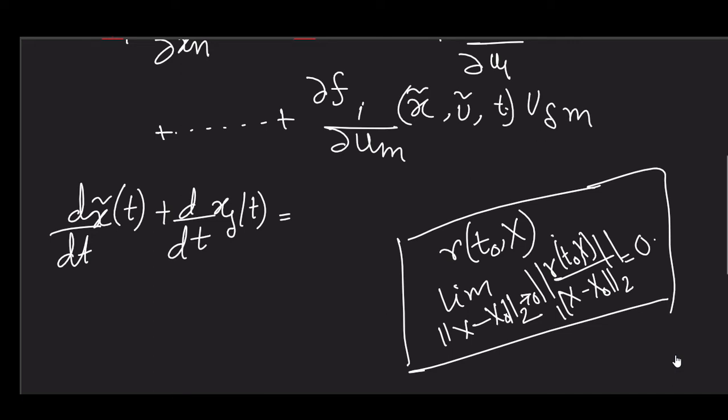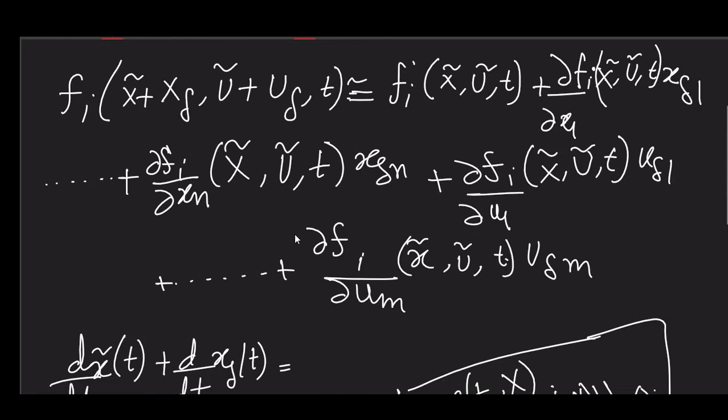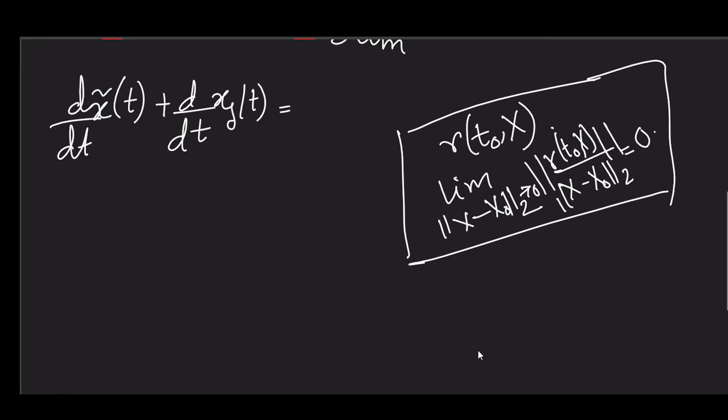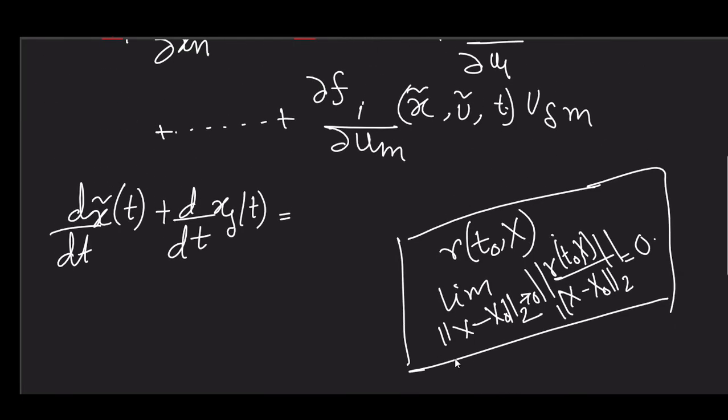So basically whatever this equation is trying to reveal, the same thing we are telling here in words: dropping the higher order terms or remainder terms, only keeping the first order. That means what is written here by means of this equation.